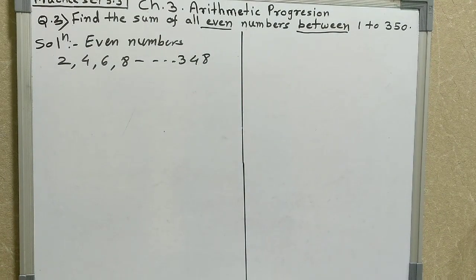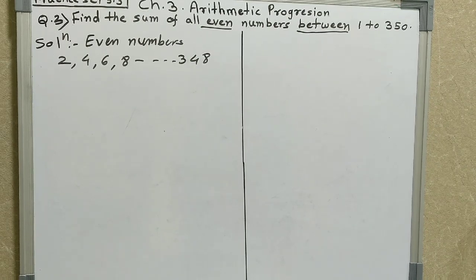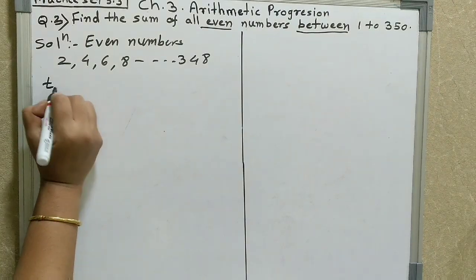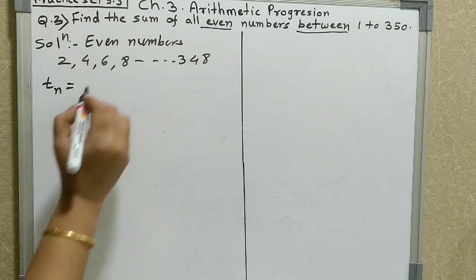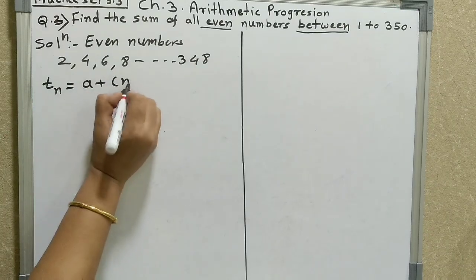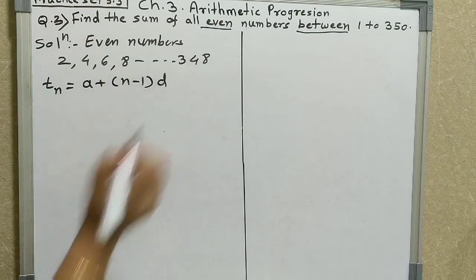Now we use the formula. First we find how many terms there are, n, and then we add those terms. We use the formula Tn is equal to a plus n minus 1 into d.